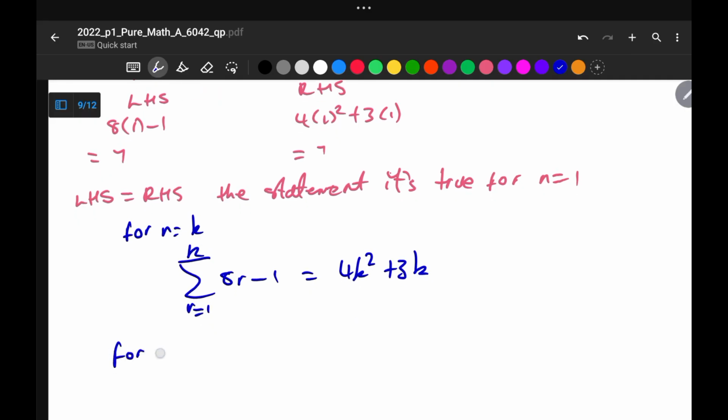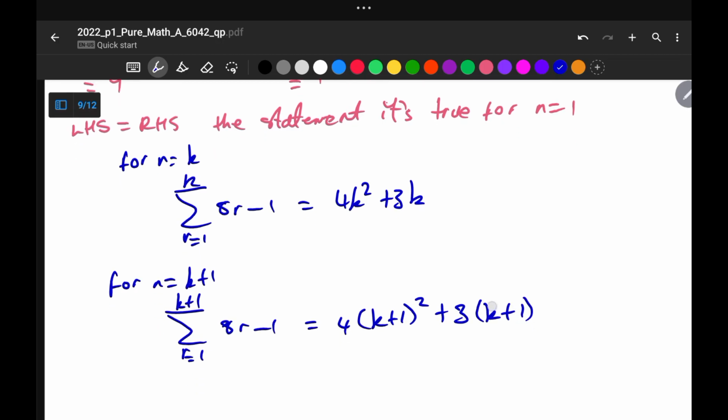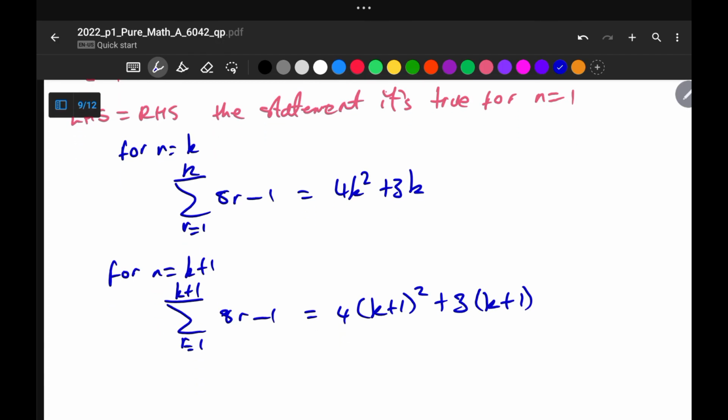For n equal to k plus 1, if we are having n is equal to k plus 1, you can simply put k plus 1 here. From r is equal to 1, we are having 8r minus 1 being equal to 4 times k plus 1 squared plus 3 times k plus 1. Okay, and the last stage of our calculation is the proof stage.